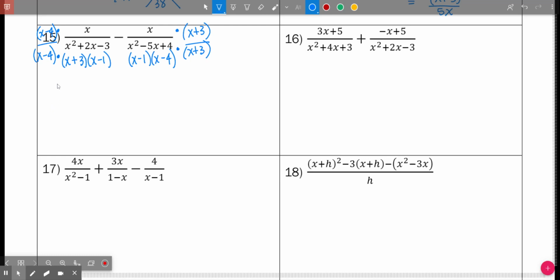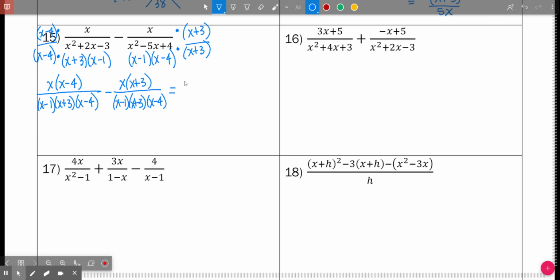When I do that, this gives me x times x minus 4 over x minus 1 times x plus 3 times x minus 4 minus x times x plus 3 over x minus 1 times x plus 3 times x minus 4.